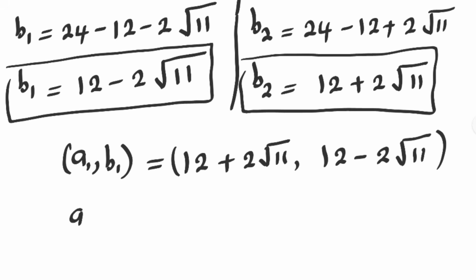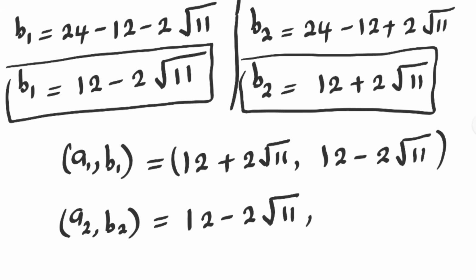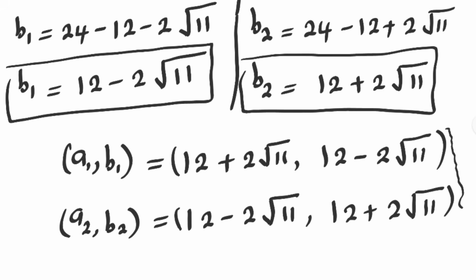Then A2, B2 is equal to 12 minus 2 root 11, 12 plus 2 root 11. These are the final answer.